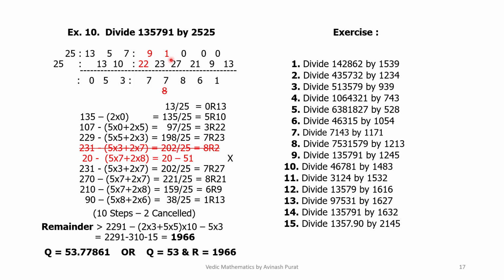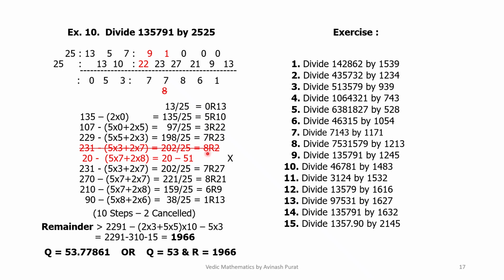Now 231 dividend minus 5 into 3 plus 2 into 7, that is 15 plus 14, 29. 231 minus 29 equal to 202 divided by 25.